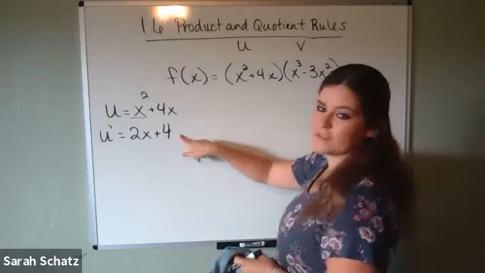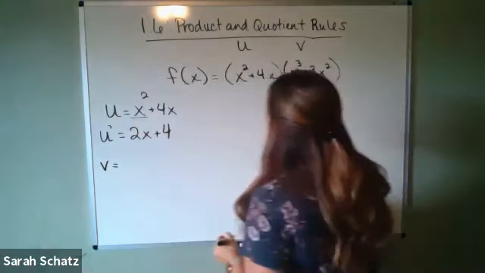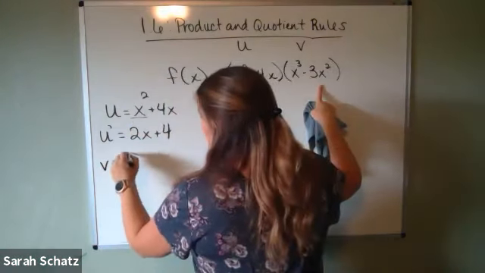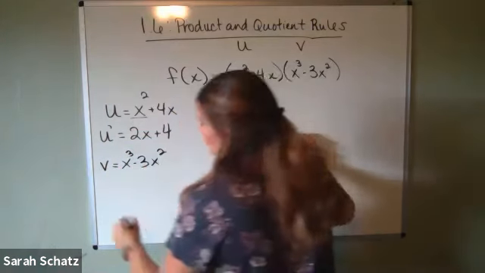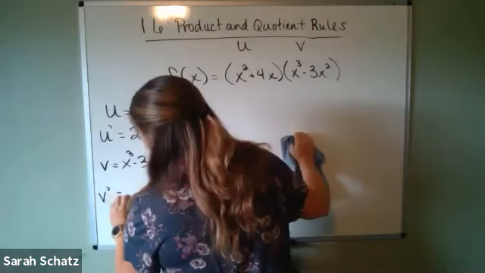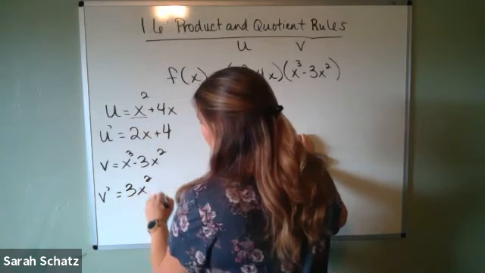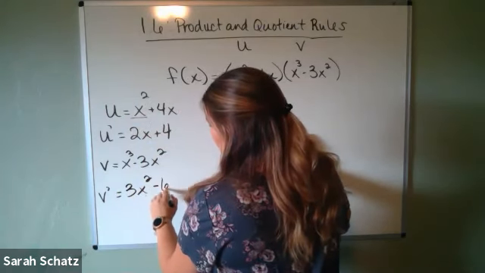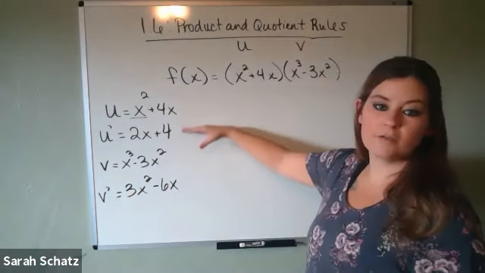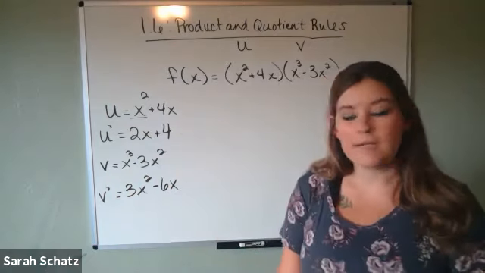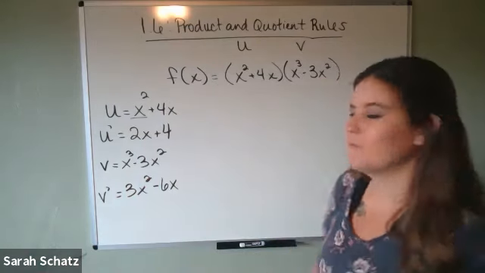So here's u and here's du. Let's write v down. So v is x cubed minus 3x squared. And dv, using the power rule, I'm going to get 3x squared minus 6x. So we have all 4 of our terms. Notice this one's just going to be more complicated because our derivatives didn't just turn into 1 like on the first one.